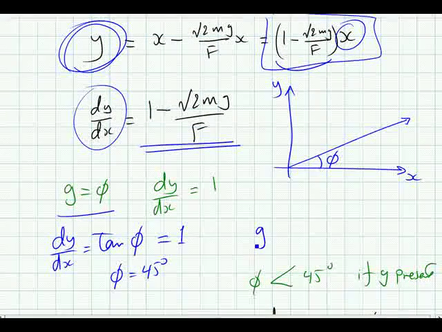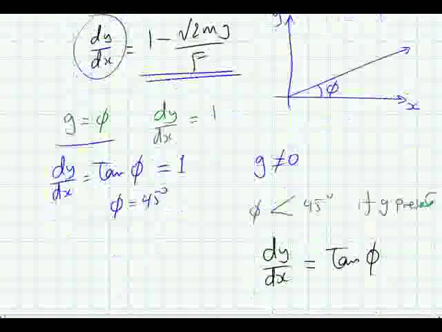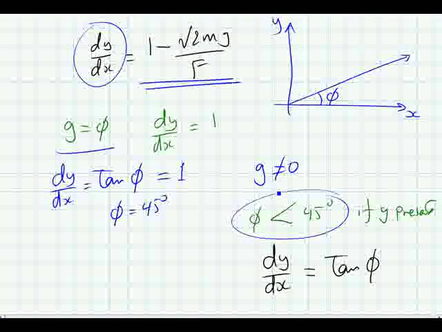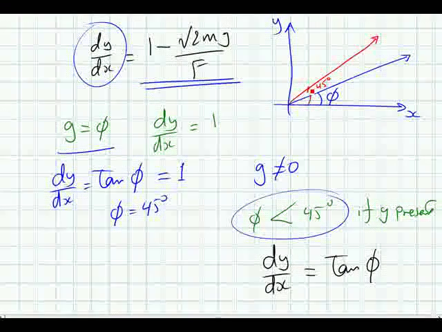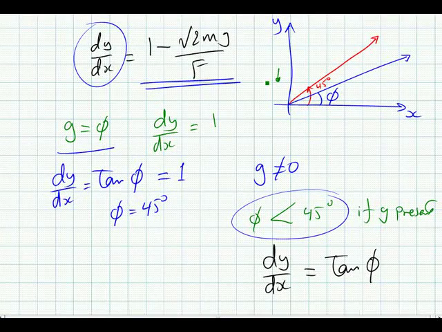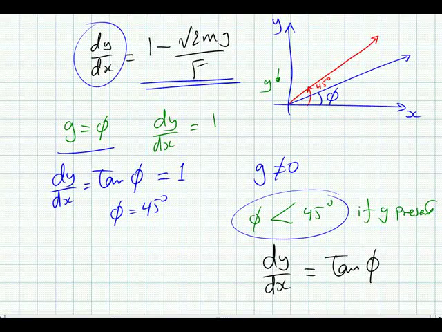However, if gravity is not 0, then phi would be an angle less than 45 degrees. So in 0 gravity, the object would follow a straight trajectory like this, where this angle here is 45 degrees. But in the presence of g, the slope would be less by a certain amount.